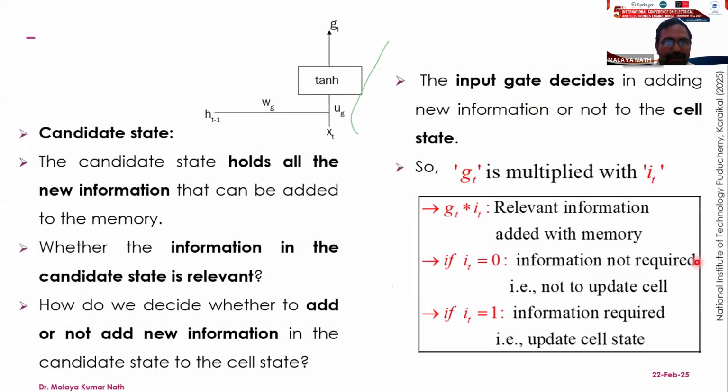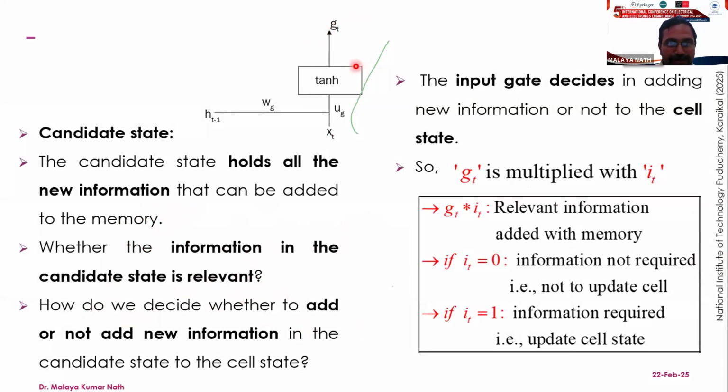Now we'll see the candidate gate, what exactly it will provide, or what the output of the candidate gate will be. The candidate state holds all the new information that can be added to the memory, whether or not the information in the candidate state is relevant. How do we decide whether or not to add new information into the candidate state?